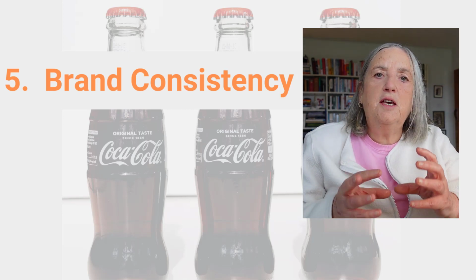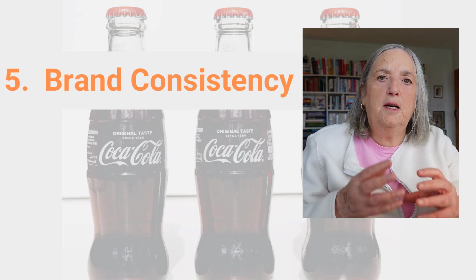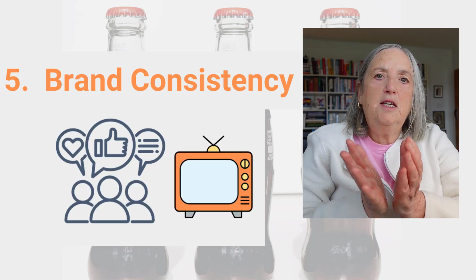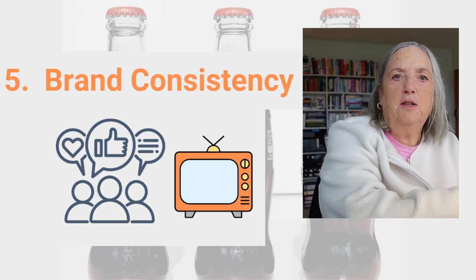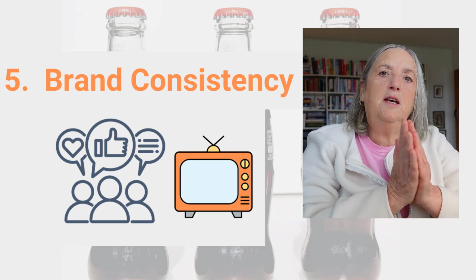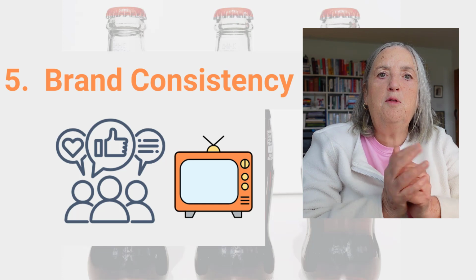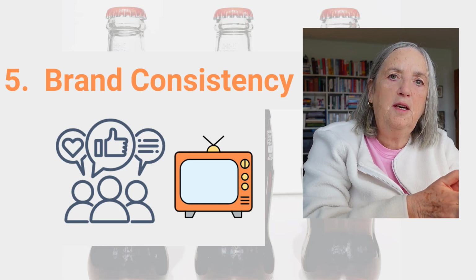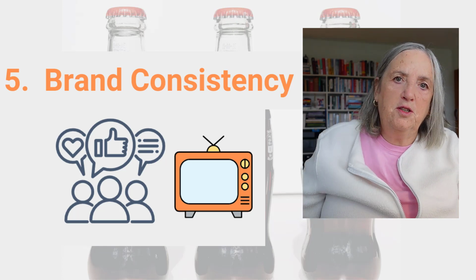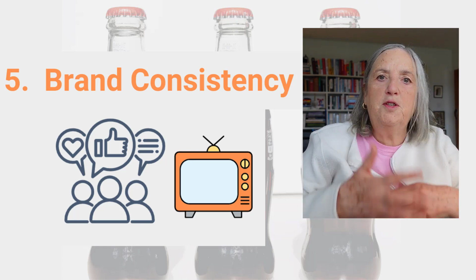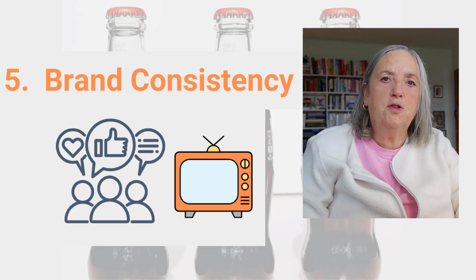And consistency is about when you put forward an advertising message, having the same message across all these channels. So basically, if you've got a product, you don't want to be putting one message out on TV and then another on billboards on the street and then another message on social media. You want the same kind of message going out across all the channels.